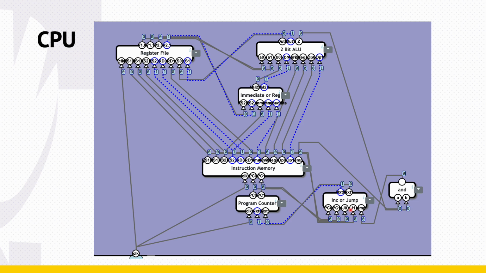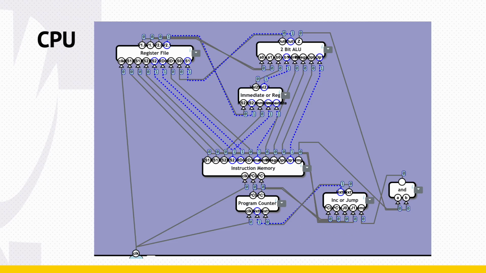And so if we have the jump flag set and the result of the computation is 0, then we will jump to whatever the jump target is. The way that happens is it is simply input to the program counter, and on the next clock cycle, our program counter updates to that jump target.